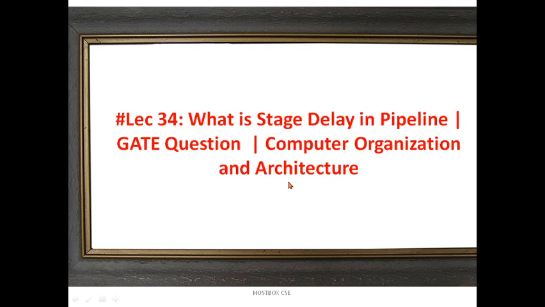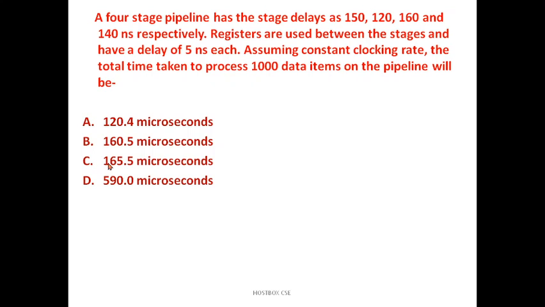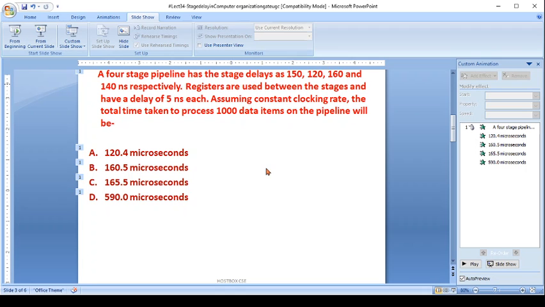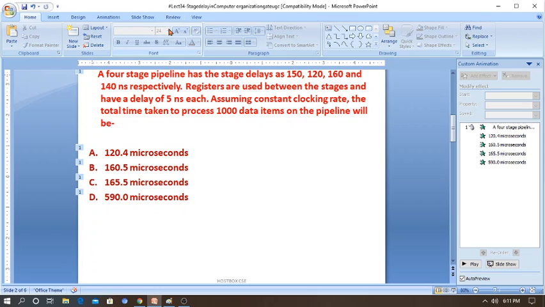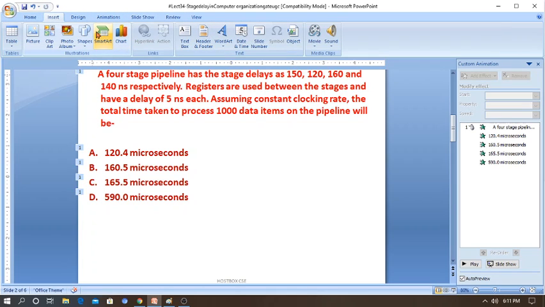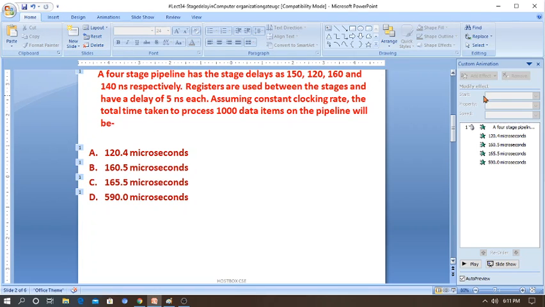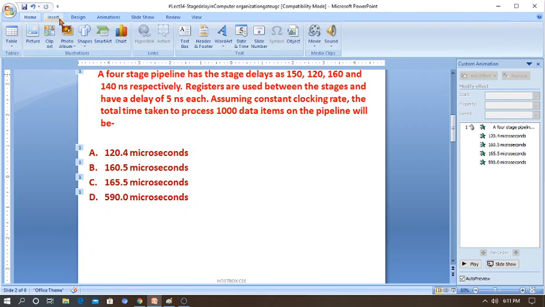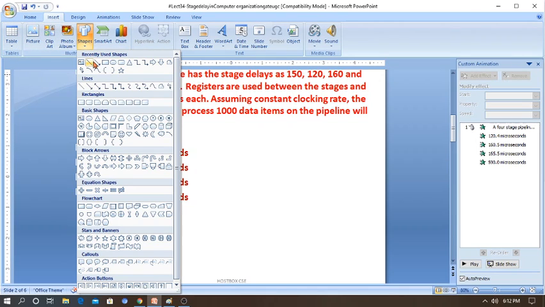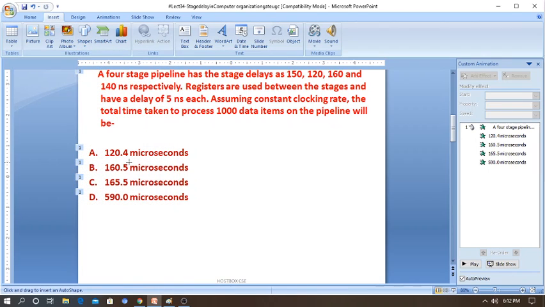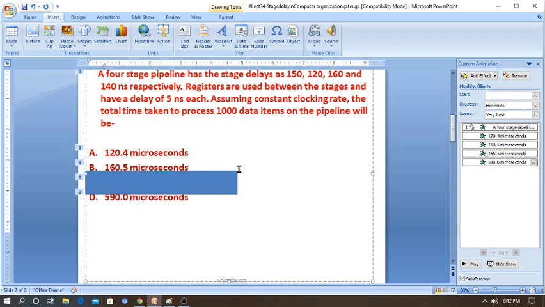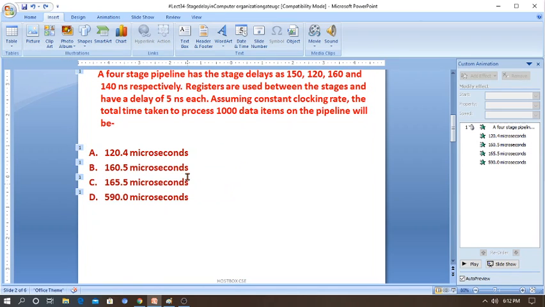The answer is C. I am highlighting that C is the answer here: 165.5 microseconds.